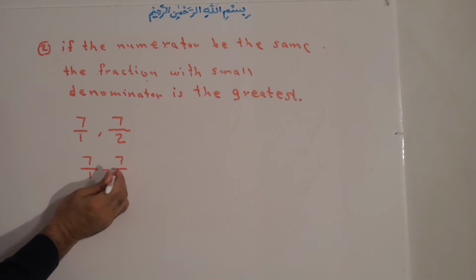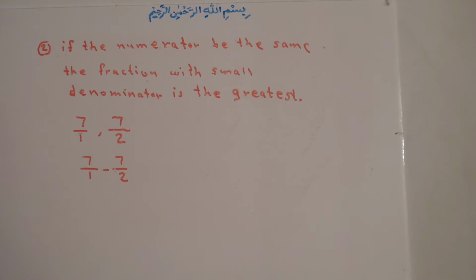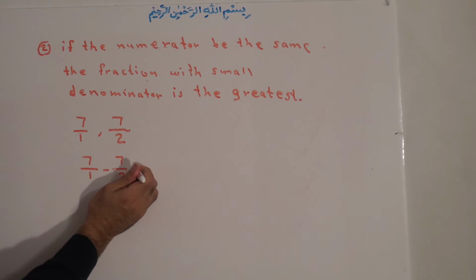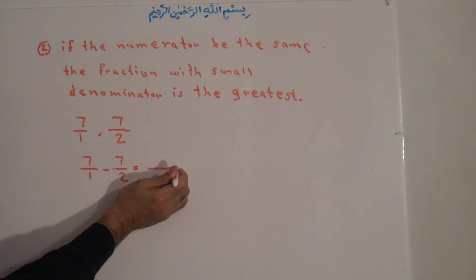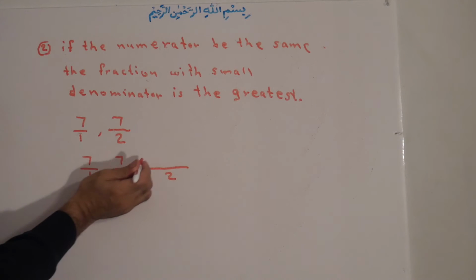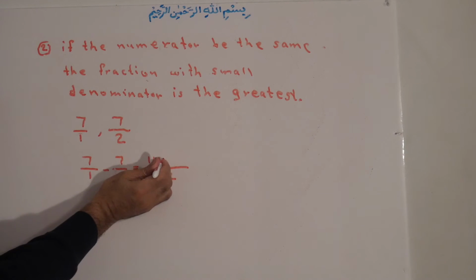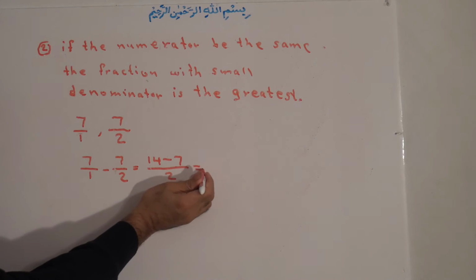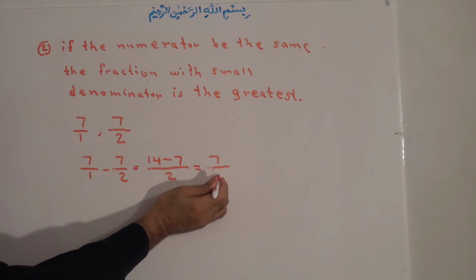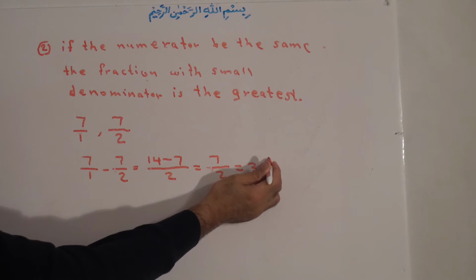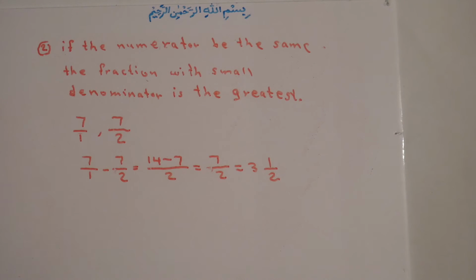We know that 7 over 1 is 7 and 7 over 2 is 3.5. Now the common denominator is 1 times 2, 2. 2 divided by 1 is 2, 2 times 7 is 14, minus 2 divided by 2 is 1, 1 times 7 is 7. That is equal to 14 minus 7 is 7 over 2, which is equal to 3 1/2.